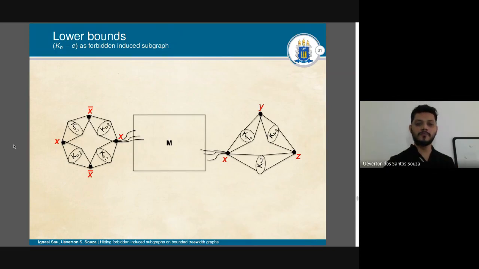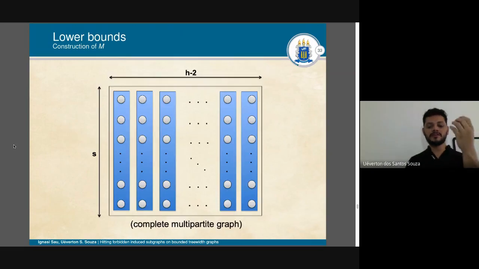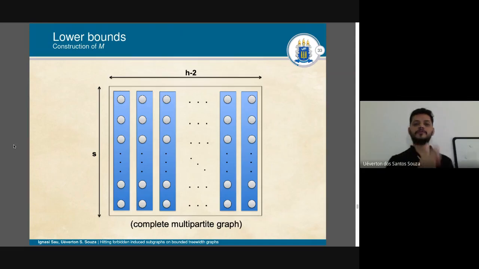that we need to describe how we construct. So first we need to think about the smallest possible integer s such that s to the h minus 2 is at least 3n. Note that this s is not so big. So take this integer s, we can create a complete multipartite graph with h minus 2 parts, and each part has s vertices.